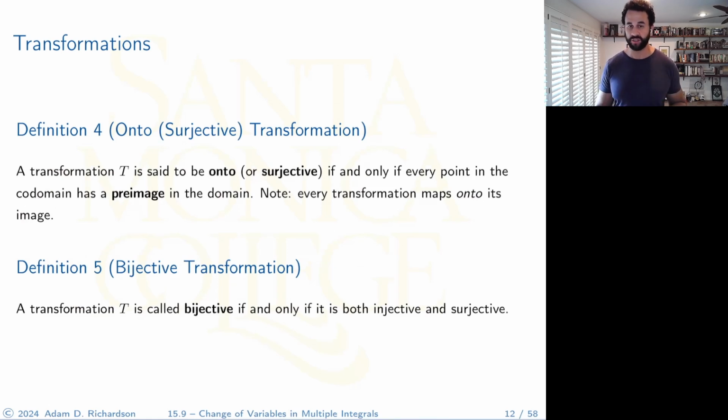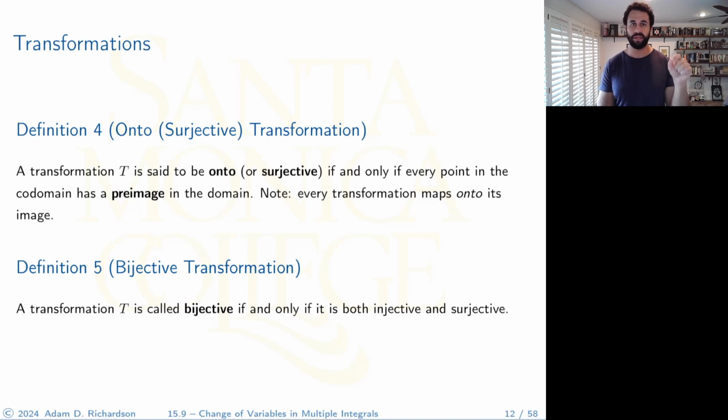So an onto function, a surjective function, is one where that is true. It means if you pick any point in the codomain, then there is some preimage of that point that lies in the domain, so that T takes that point to the image you selected, right? A little note I have here: every transformation maps onto its image, meaning if you pick a point in the image of your transformation, there's obviously a pre-image.